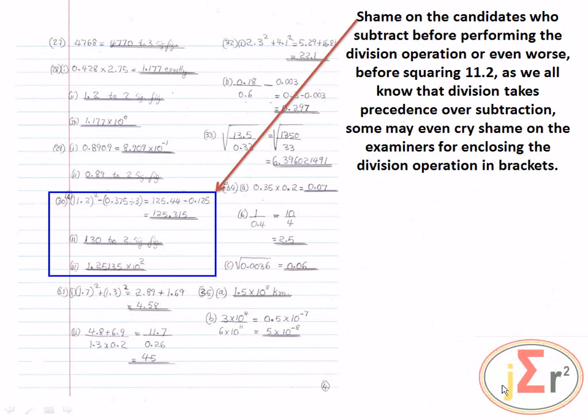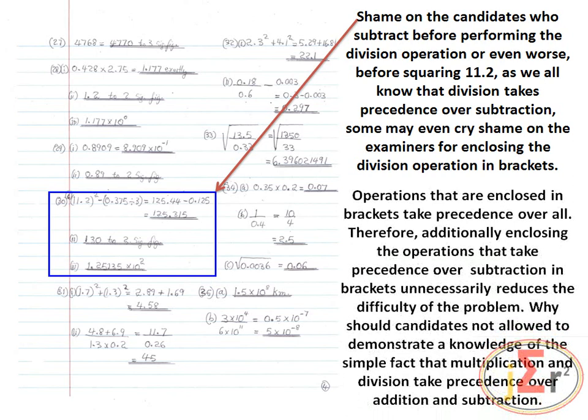Shame on the candidates who subtract before performing the division operation, or even worse, before squaring 11.2. As we all know, division takes precedence over subtraction. So we may even cry shame on the examiners for enclosing the division operation in brackets. Operations that are enclosed in brackets take precedence over all.